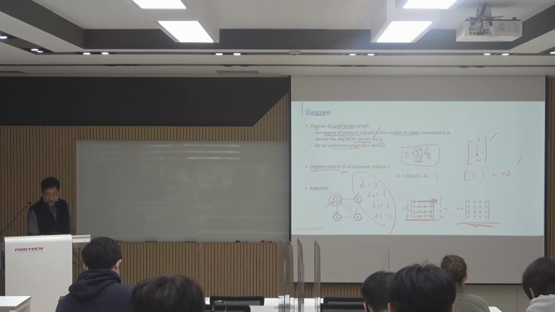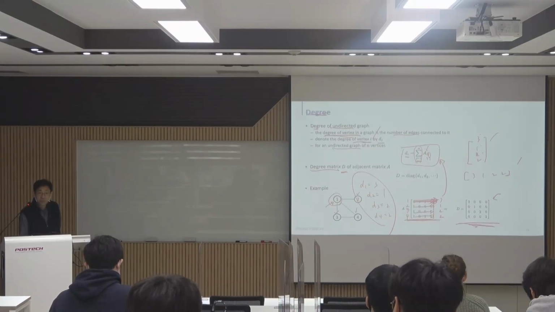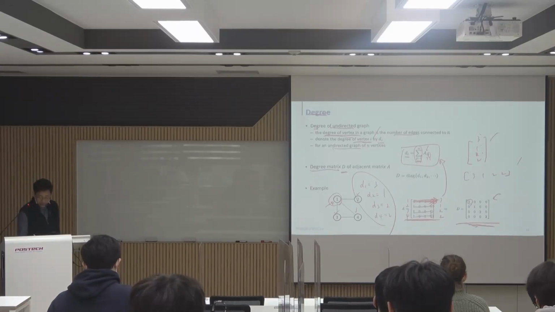This is the mathematical expression of doing that summation across in this way. From the degree matrix, we can see that the first node has 3 connections. That's the information that we can extract.